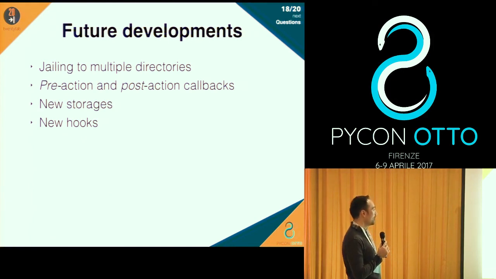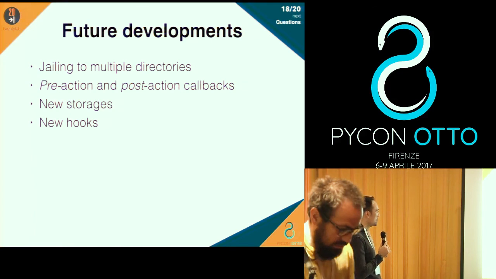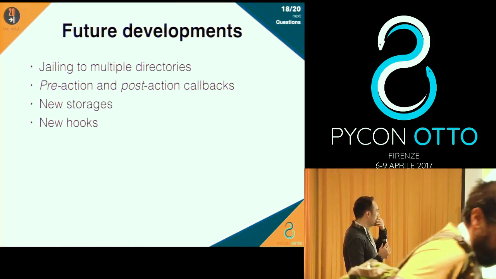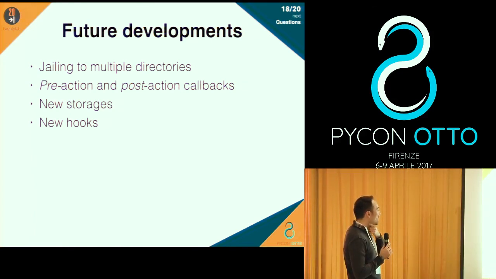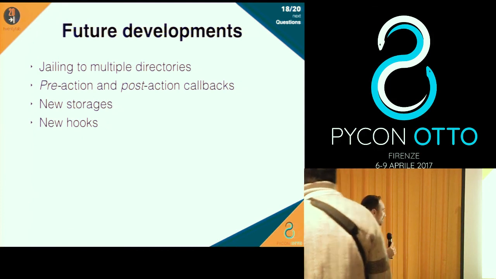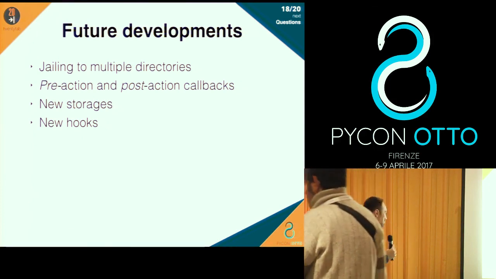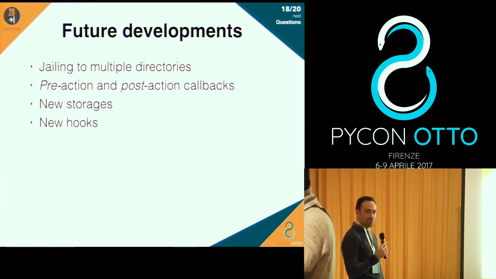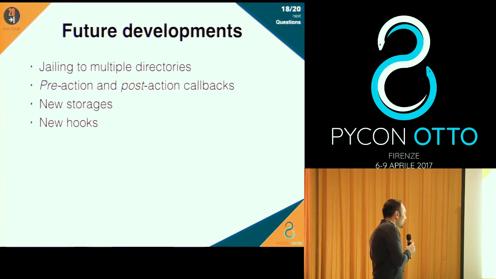And then obviously implementing new storages. Right now, I think we have a storage for Mongo, as I told you, the file system one that I'm using, and the proxy one. And obviously new hooks. Right now there is only my hook, the one I implemented for forwarding requests, but any other use case could be interesting to implement.